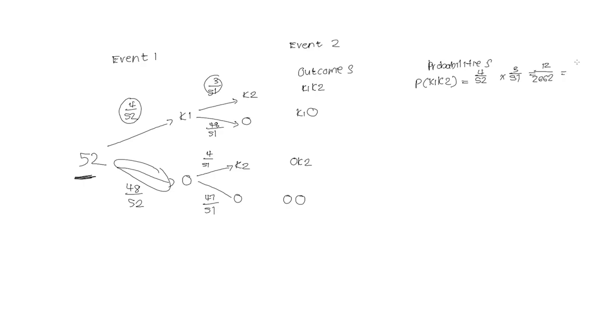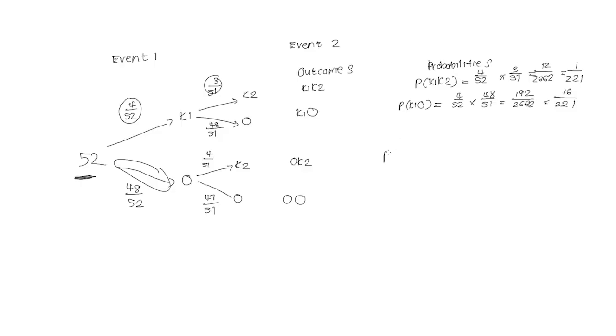This can be simplified further. The probability of getting a king in the first event and another card in the second event is 4 over 52 multiplied by 48 over 51. And this is simplified to 16 over 221.